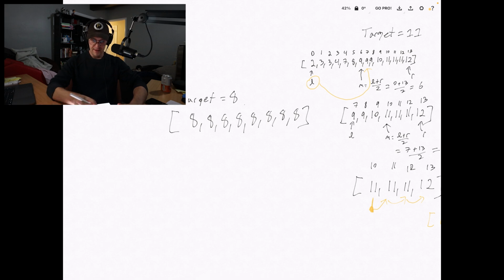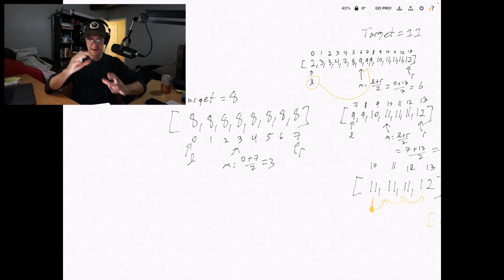Well, so with this, right, let me label our indices, 0, 1, 2, 3, 4, 5, 6, and 7. We've got L here, we got R here, M is going to be 0 plus 7 over 2 equals 3, which is going to be that. So that was like our initial round of binary search, and we ended up on index 3, and we found an 8. Wow, that was amazing.